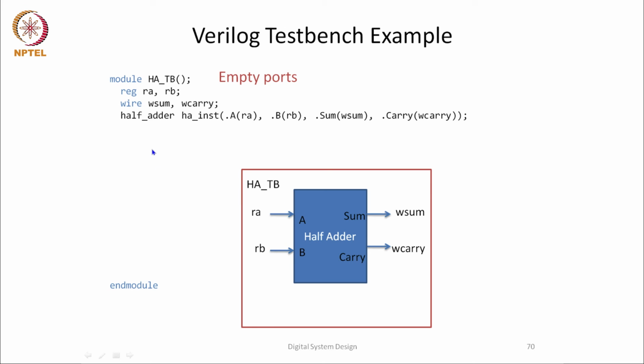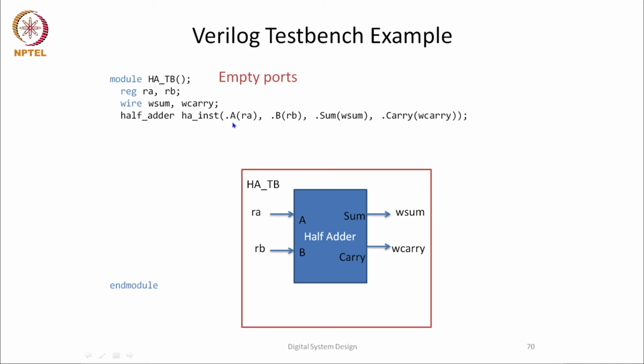We have to instantiate it the way we instantiated the AND gate and XOR gate in our structural design. We say that half adder is the name of the module, and the name of the instance is HA underscore INST. This is the instance of the half adder.